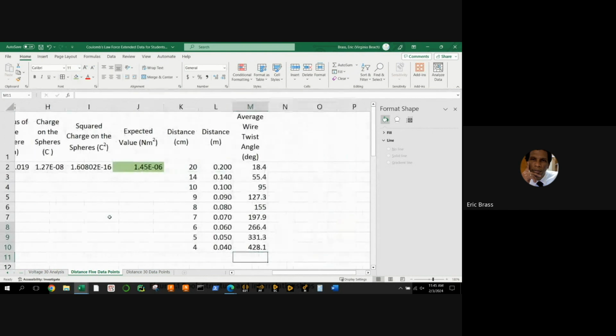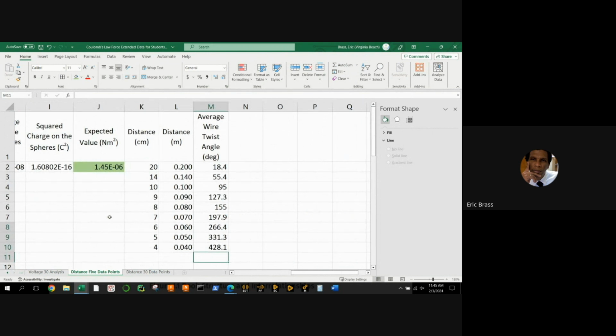All right, so we have all of our data points here to do the proper assessment. So we have our distance. What we need is the distance squared, the inverse of the distance squared.